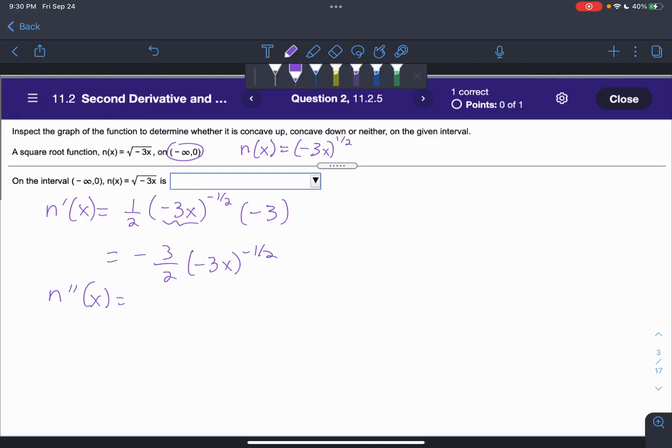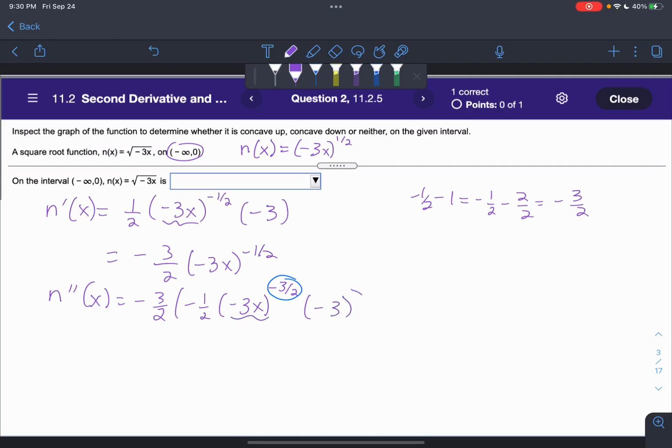So let's take the derivative again. Bring that on the outside, bring the power down, and then decrease it by 1, so that'll give me negative 3/2, right? Negative 1/2 minus 1 is the same as negative 1/2 minus 2 over 2, which is just minus 3 over 2, so that's how I get this power here. And then chain rule again. So all in all, let's see, do I get a positive?